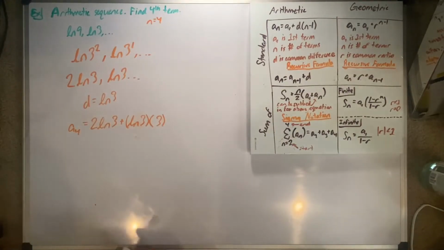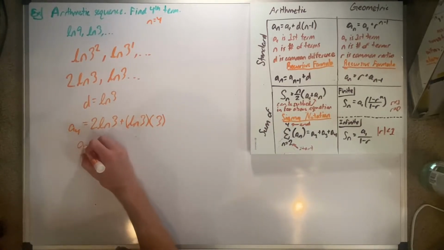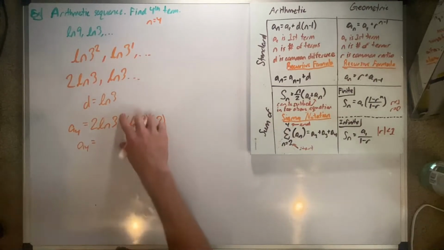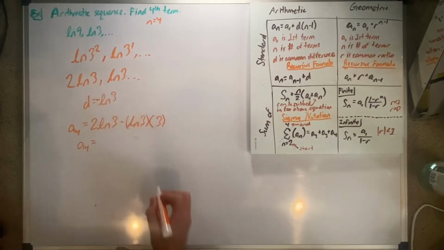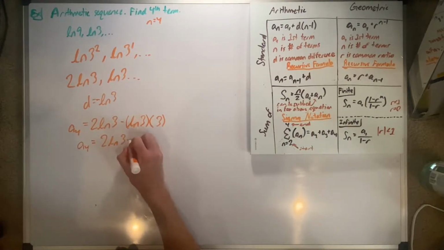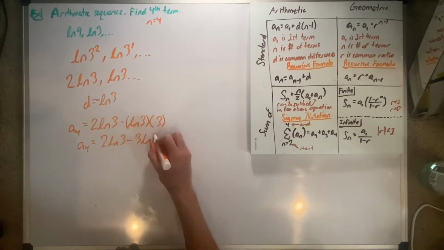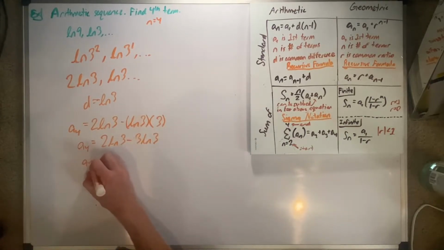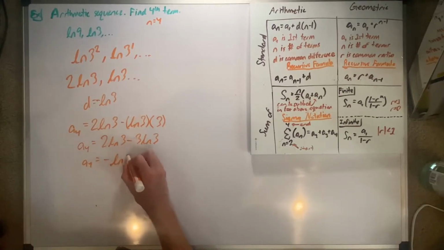Multiply that by that, and this is actually subtraction, so it would be minus that. So 2 ln 3 minus 3 ln 3 gives us a sub 4 is equal to negative ln 3.